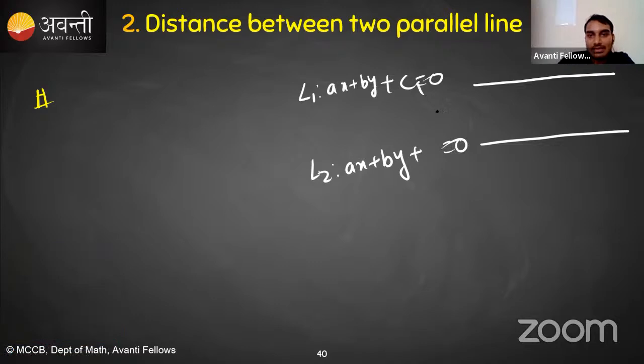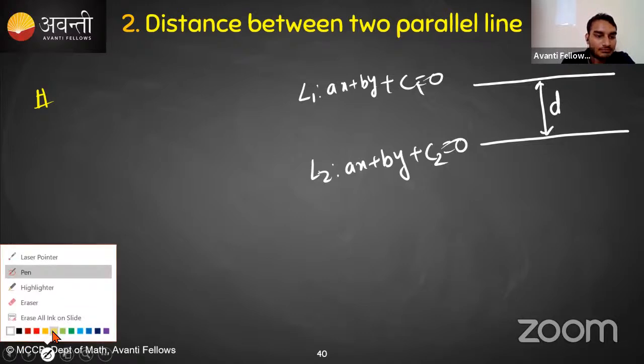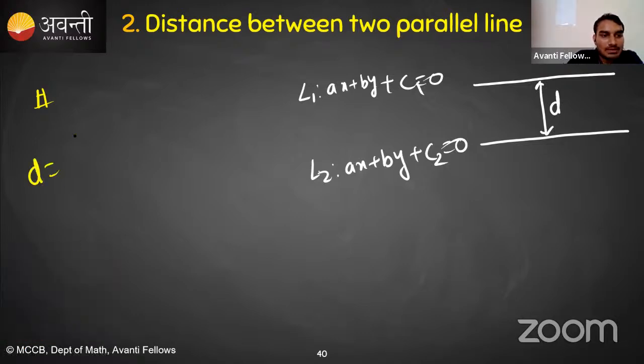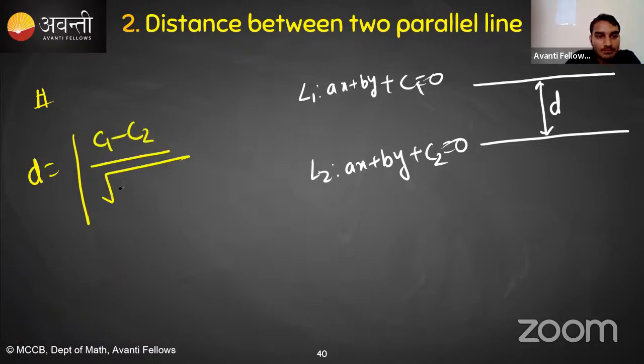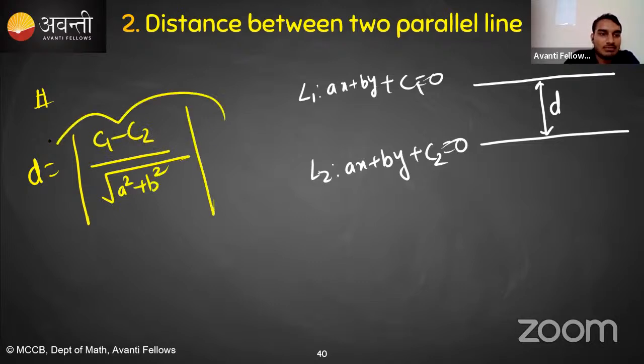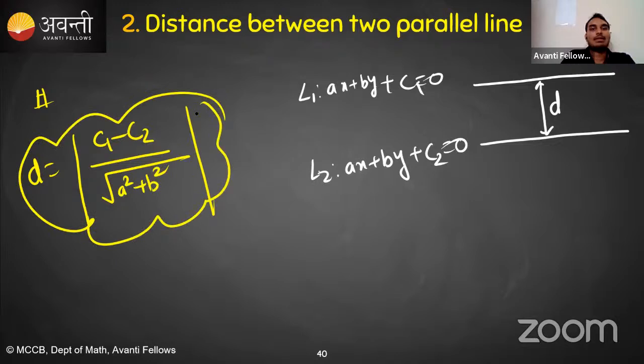Let's say this is C1 and this is C2. What is the distance between the lines? This distance D is nothing but the difference of the constant terms, C1 minus C2, upon root of a square plus b square. This is the distance between the two parallel lines.